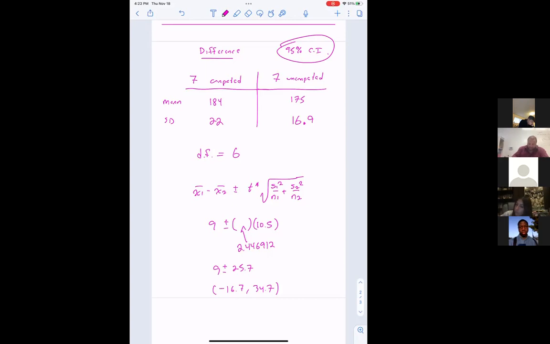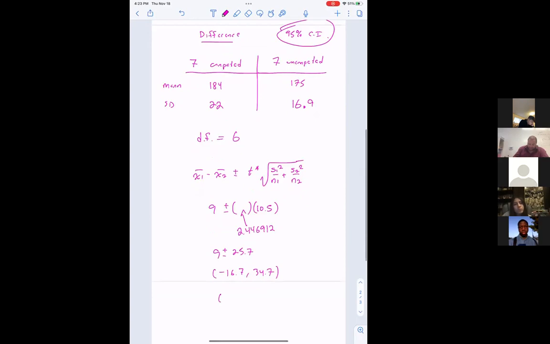And I calculate, so it gives me negative 14.02 to 32.015. This is from the calculator, where the degrees of freedom is equal to 11.25. And this is by hand, where the degrees of freedom is equal to 6.